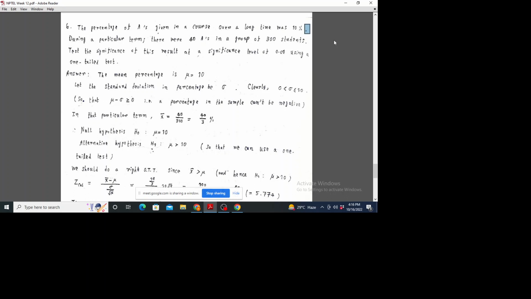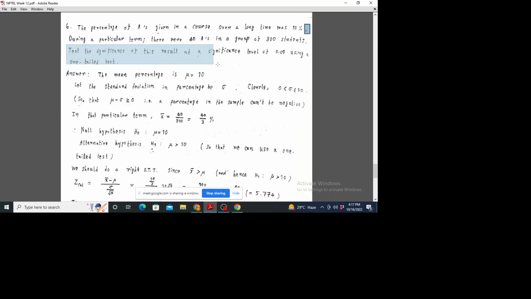It has been going on for a very long time, and 10% of the students have got A. But during a particular semester, out of a group of 300 students, 40 got A. So the group may consist of brilliant students, who knows. Sir, but this is only one term, na? Yes. It should be consistent for the long time.